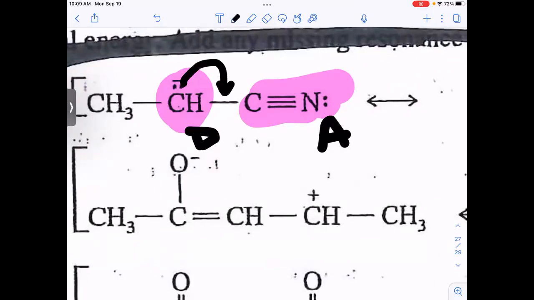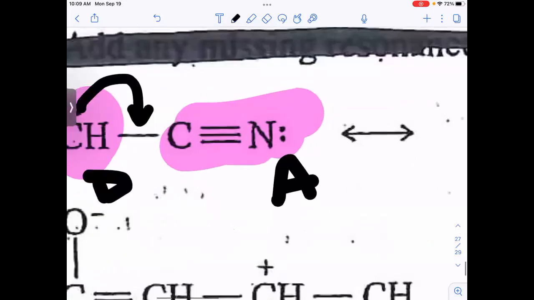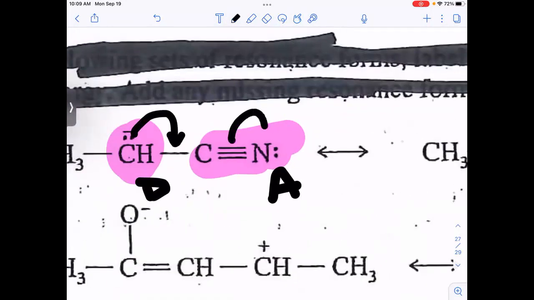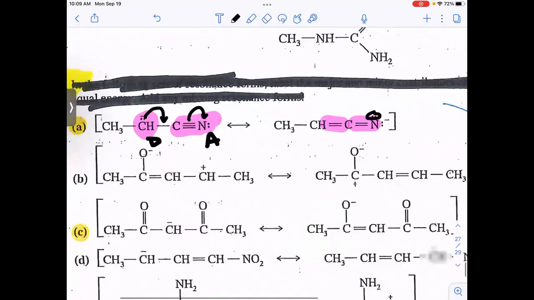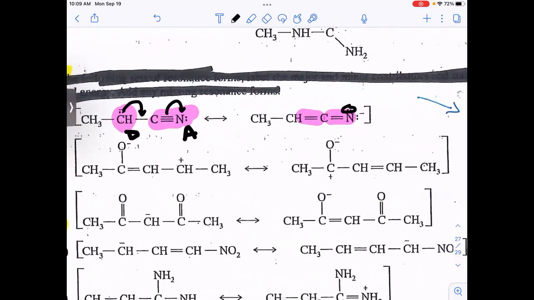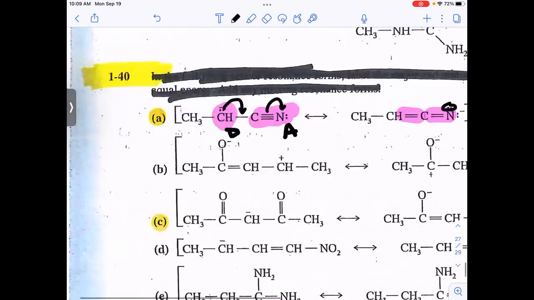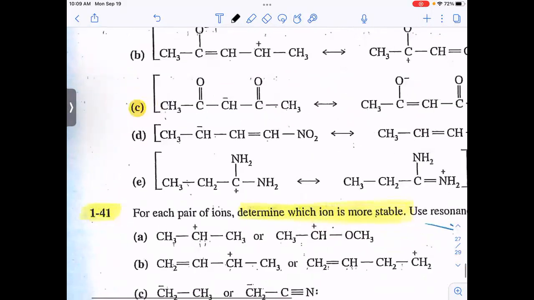Is that right? Mm-hmm. And then you take that triple bond and put the arrow to the nitrogen, and it'll make another lone pair on top. So we good, excellent. So we take one of those pi bonds and break it and give it to nitrogen, and that's how we get to that second structure. Excellent. All right. Now let's go to C.